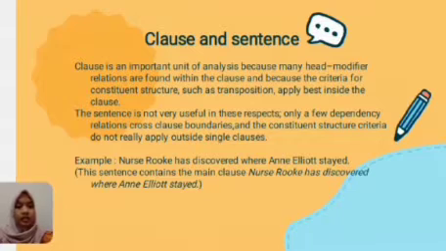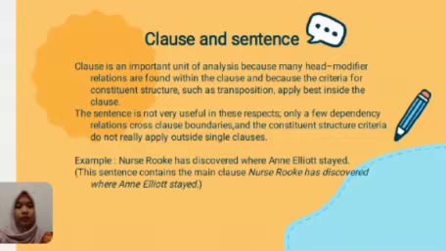The sentence is not very useful in this respect. Only a few dependency relations cross clause boundaries, and the constituent structure criteria don't really apply outside single clauses.